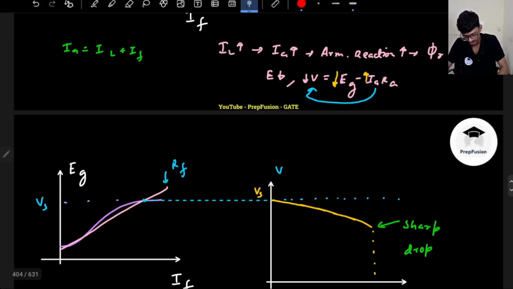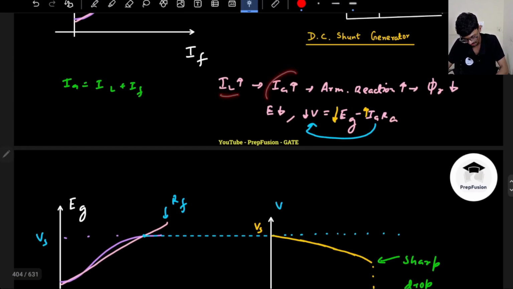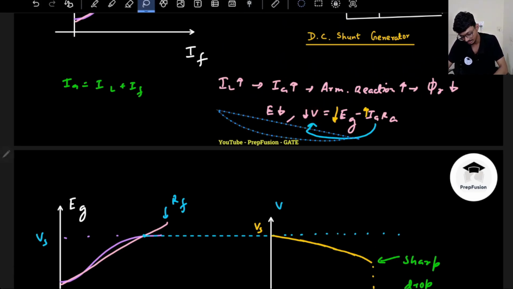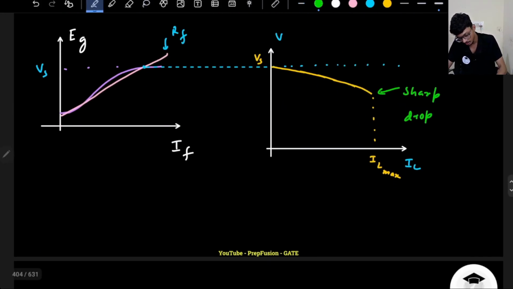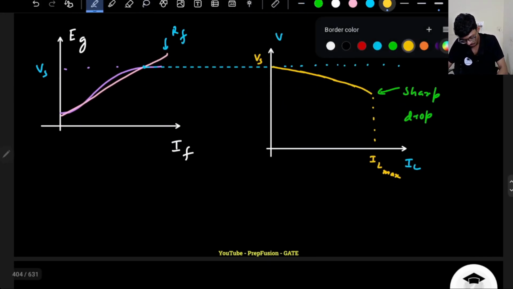One thing I am noticing here: IL is increasing, IA is increasing, armature reaction is increasing, so flux will reduce, so E will reduce, so EG and IA both will reduce. What is happening is this reduction is in terminal voltage. Initially we will feel that this reduction in terminal voltage is not much. So what is the field current?